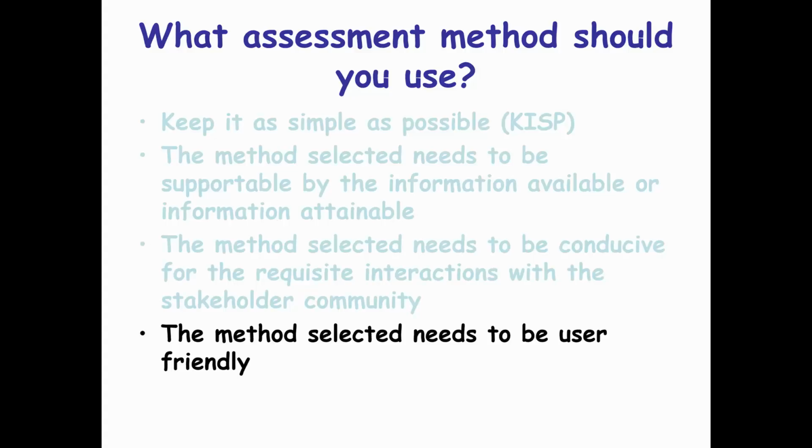And then the method that's selected needs to be user-friendly, both to the analyst, but also to the stakeholders. Not that they would necessarily use the method themselves, but they want to be able to understand what you're doing. If you're using some model that's impossible for the stakeholder to understand, they're not going to be very accepting of the final results.